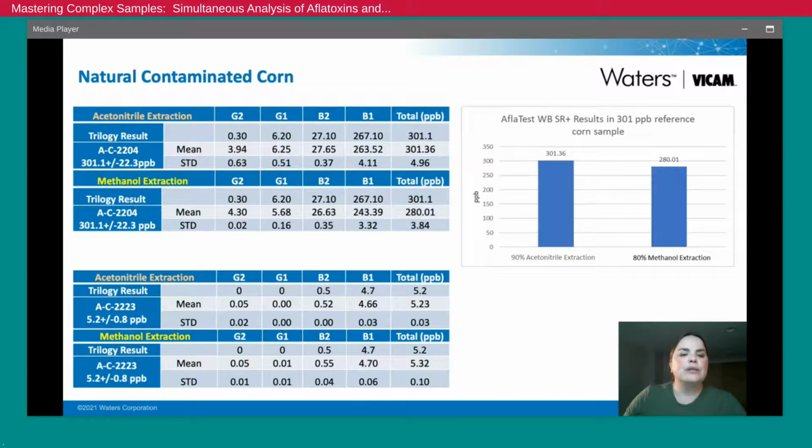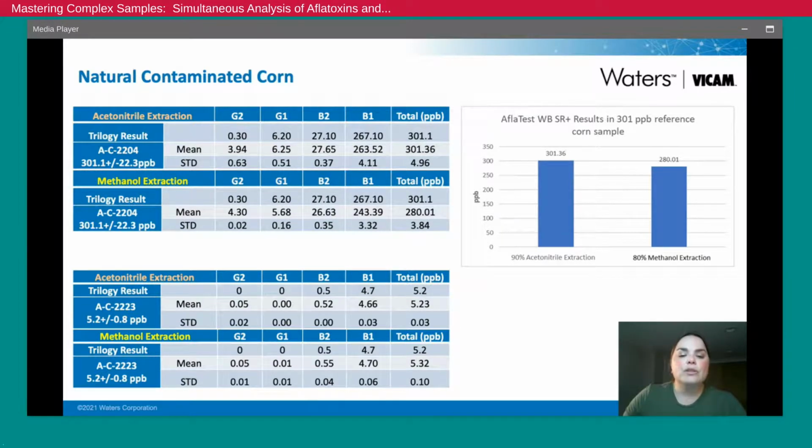Shown here is naturally contaminated corn using a 90% acetonitrile extraction and an 80% methanol extraction. In comparison, for the higher level naturally contaminated corn, the Trilogy result that we had received was 301 parts per billion, and when we ran this using our extraction, we received a 301.3 ppb result.